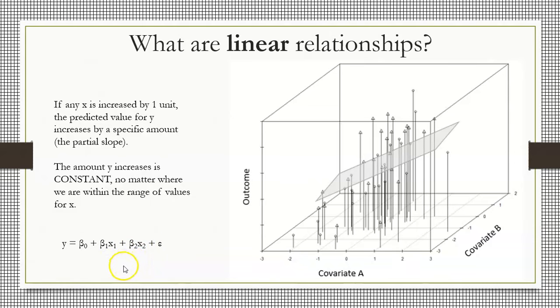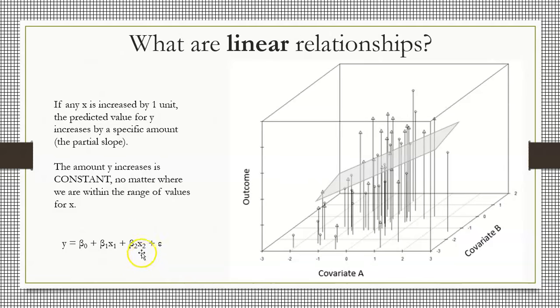Now, it's also the case that how much y increases as we increase x sub 1 remains constant, not only depending on whatever value x sub 1 is, but depending on whatever value x sub 2 is. There's nothing that messes that relationship up.